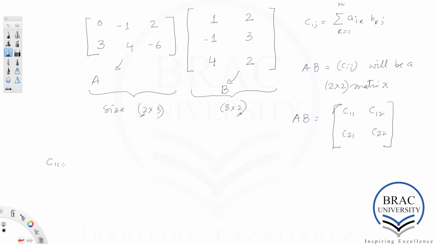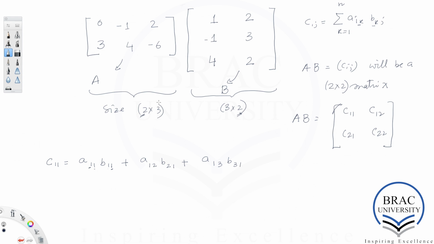So C11 is going to be A11 B11. So we keep the two far-end indices fixed and change this common index k from 1 to n. So the second entry is going to be A12 B21, right? And the third entry is going to be A13 B31, right?